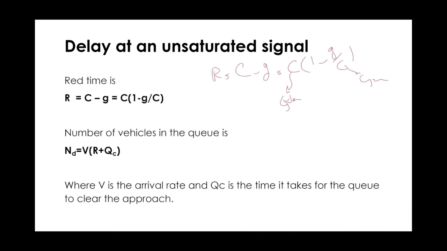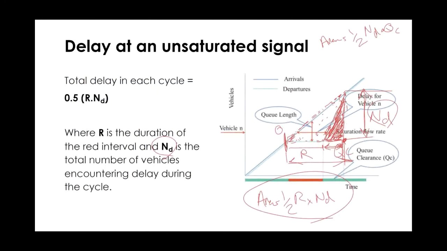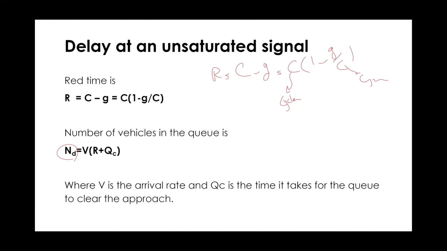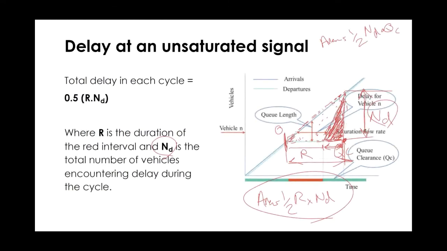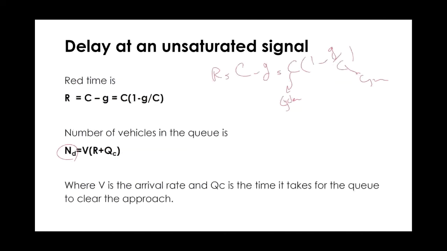And now let's go back to this. How can we get this ND? We said we want to know what this ND is. So if we know the slope of this line, which is the arrival rate, right? Let's call that V here, or A, whatever you want to call it.